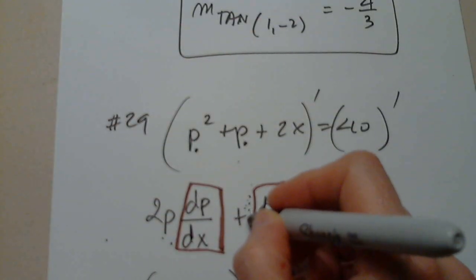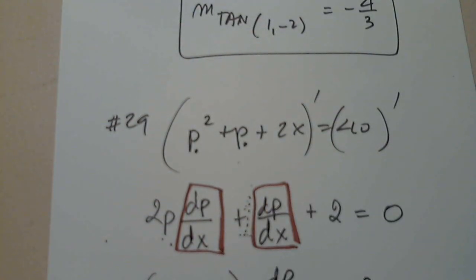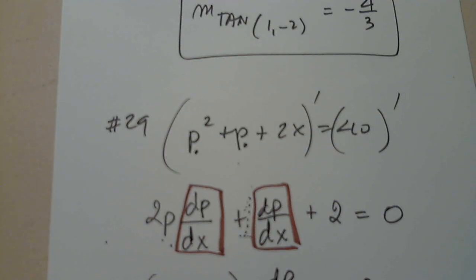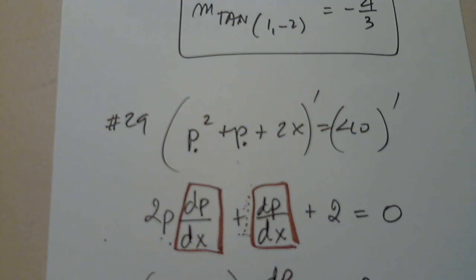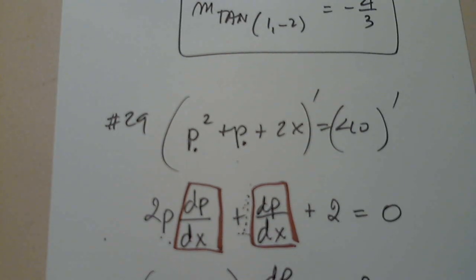If I don't put something in there, I will not have 2 terms. I have to be very careful. Because I have 2 terms and I have to have 2 terms here. Otherwise, when I distribute, if I only write 2p, how do I get this term? So then in parentheses I have 2p plus 1. That's it.